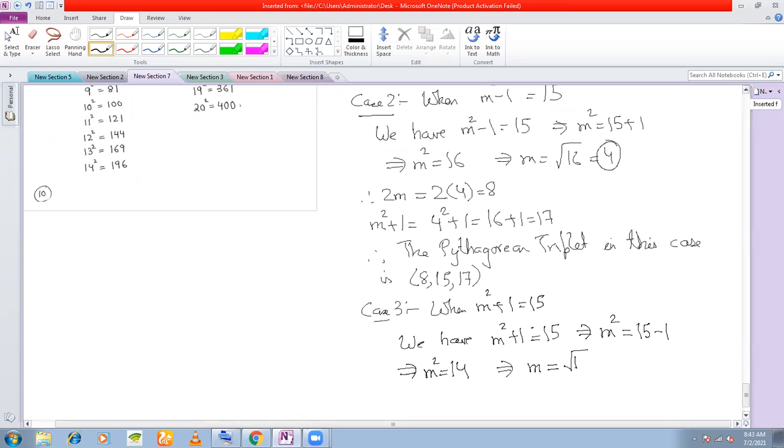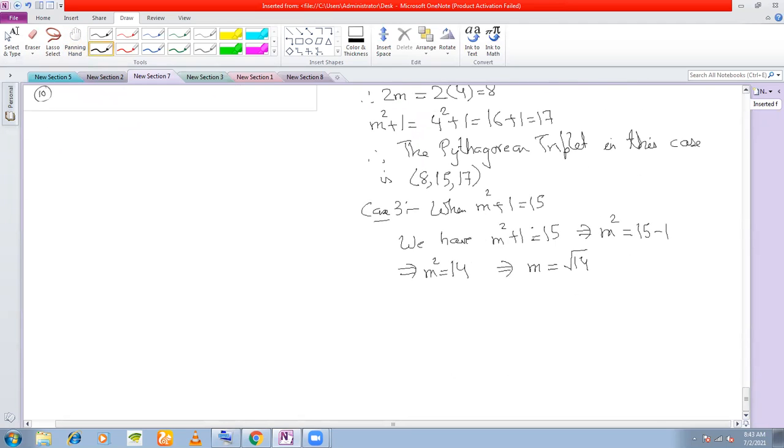m is equal to square root of 14. Okay, so which is not possible because m is a positive integer.